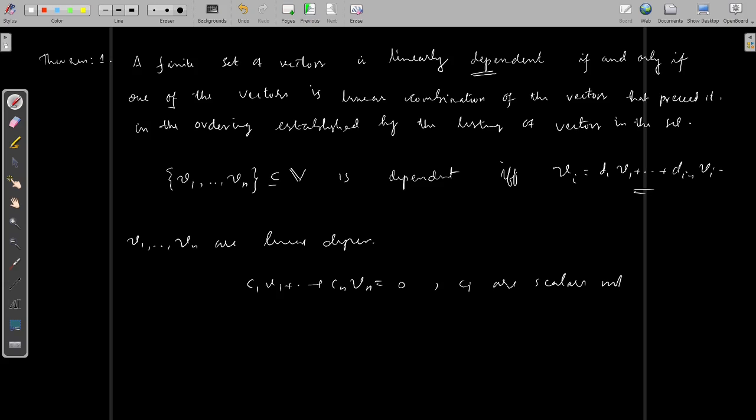That means there exist some non-zero scalars in this expression.